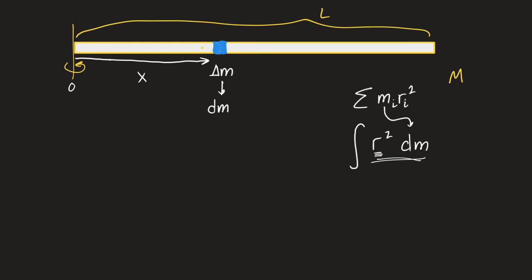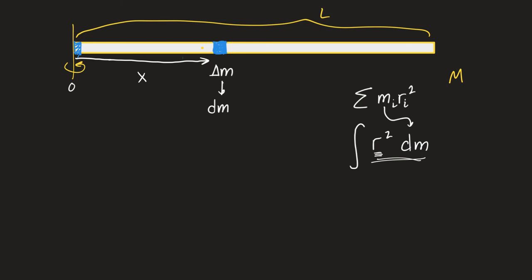Now, when I choose a way to point out where my mass is, I need to make sure that the thing that I'm using to point at my mass can be a value that will encompass the first mass and the last mass and all the mass in between. Meaning the value I'm using, x, will it be sufficient to describe where the first mass is? Is there an x that will describe the location of the first mass? I think yes, 0.